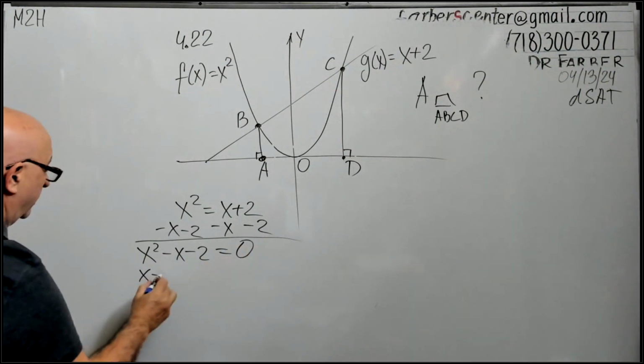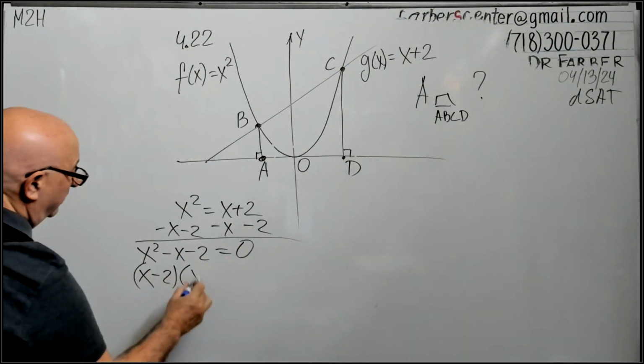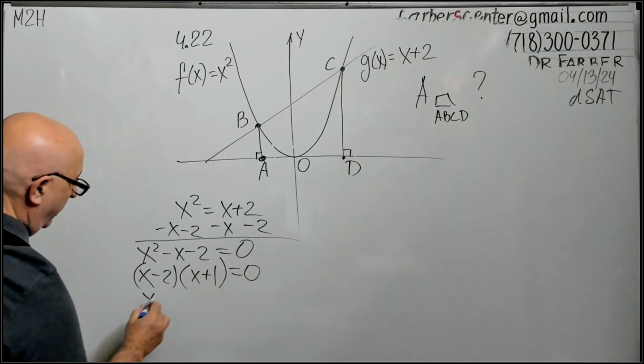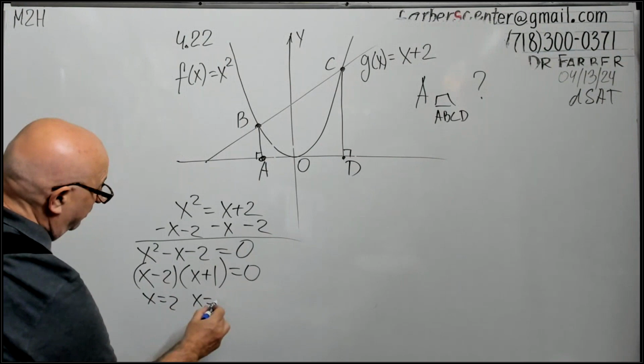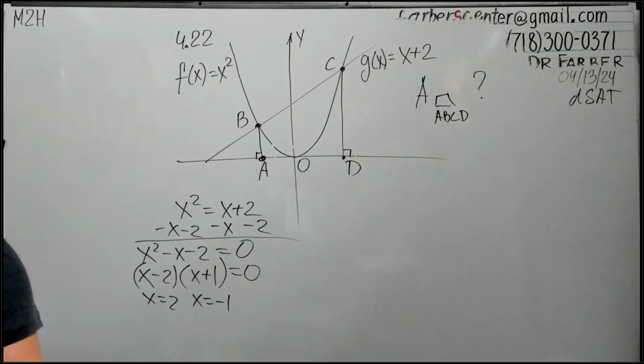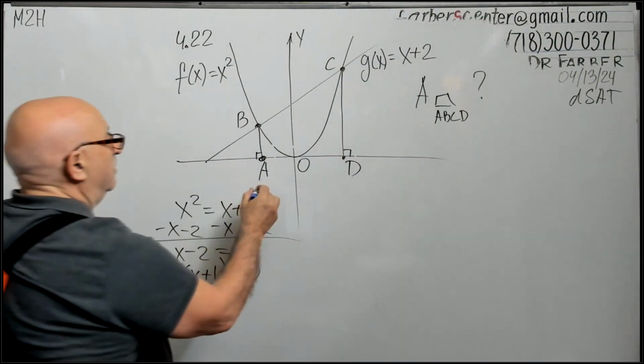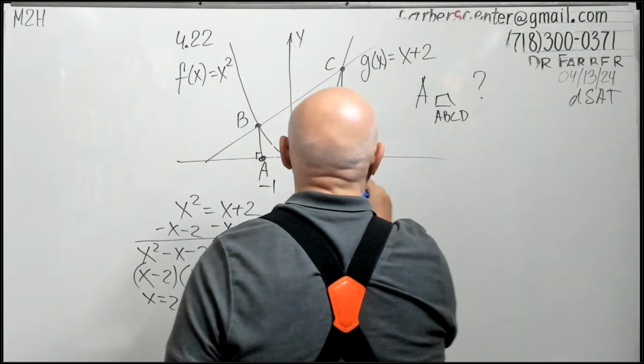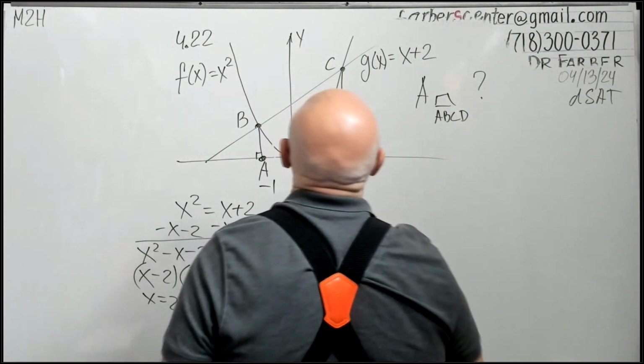Or X minus 2 and X plus 1 equals 0. Or X equals 2 or X equals -1. So what we know, this is -1 and this point is 2.